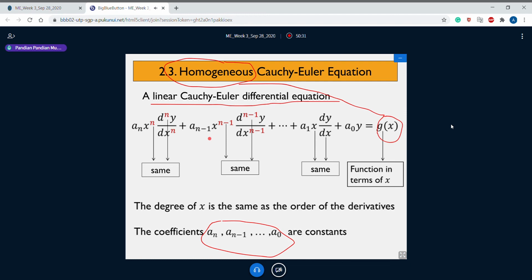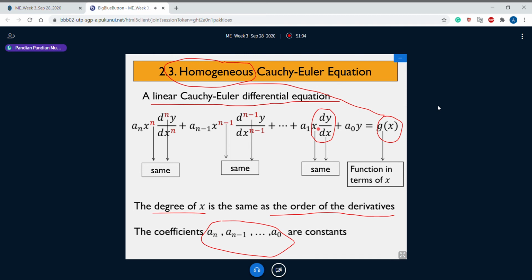But the most important thing is the degree of x. Here, power n is the same as the order of the derivative, d^n y over dx^n. If you see here, this one is clear, x power 1 and dy/dx. So the degree of x here is 1.